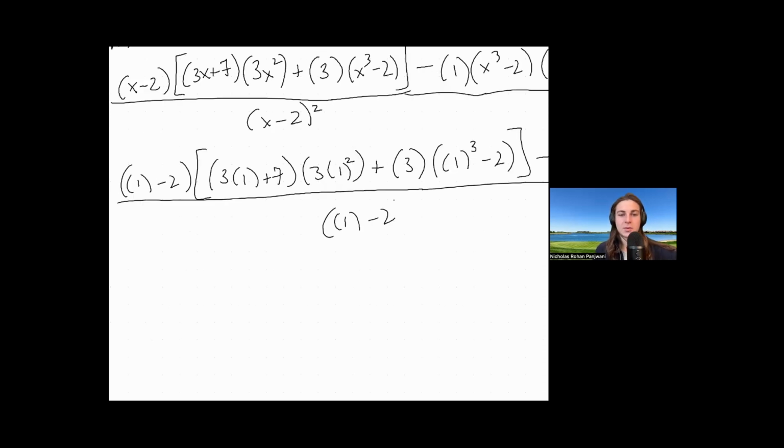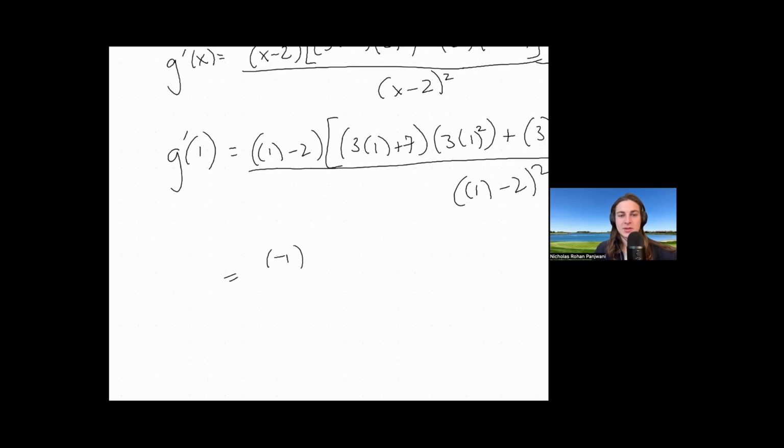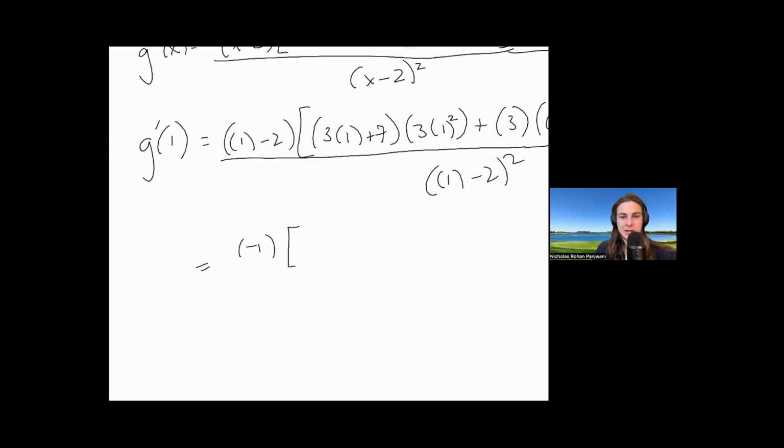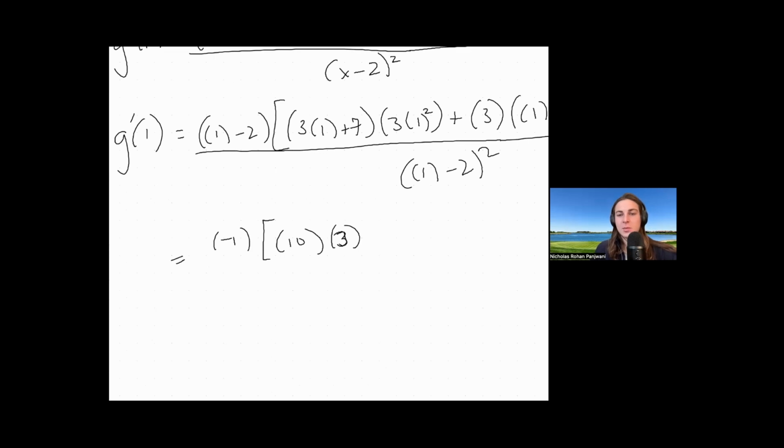Okay, so 1 minus 2 is negative 1 times 3 times 1 is 3 plus 7 is 10. 1 squared is 1 times 3 is 3 plus 3 times 1 cubed is 1.